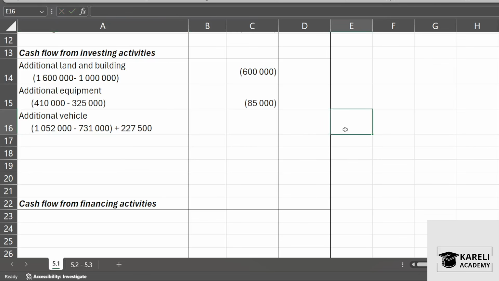Now when you do that calculation, let us check. Equals 1,052,000 minus 731,000 plus 227,500, and it gives us 548,500. Remember, always in brackets.